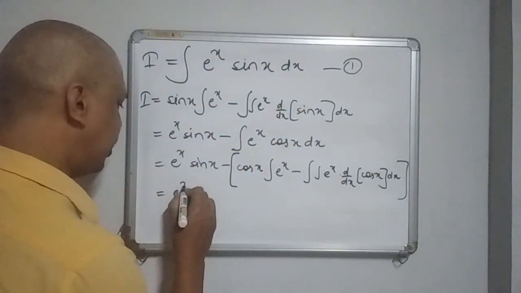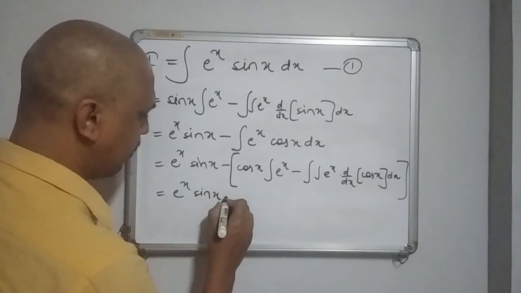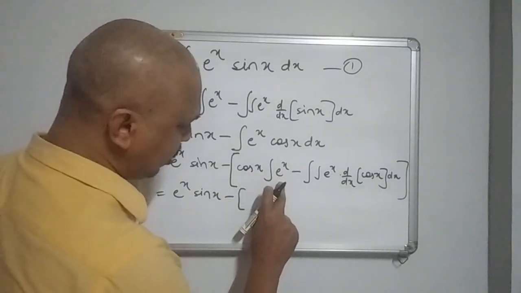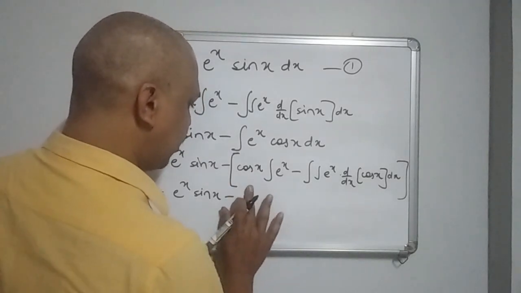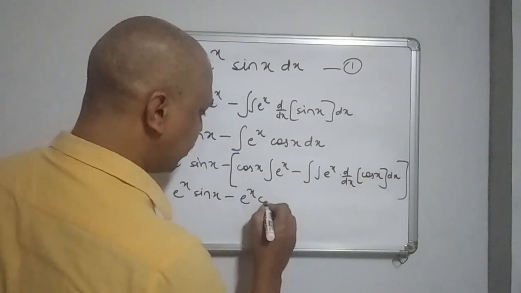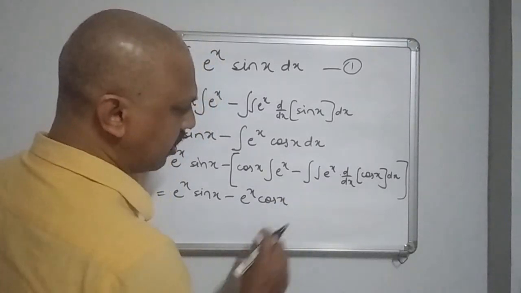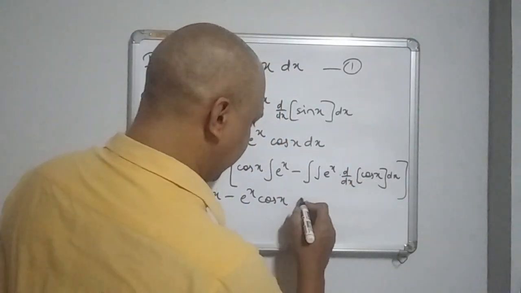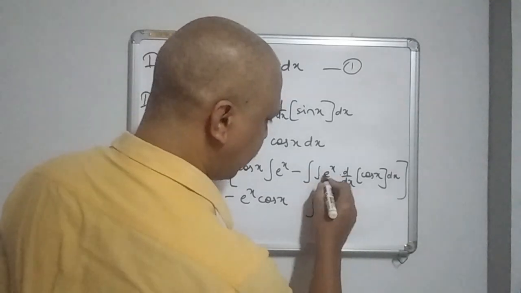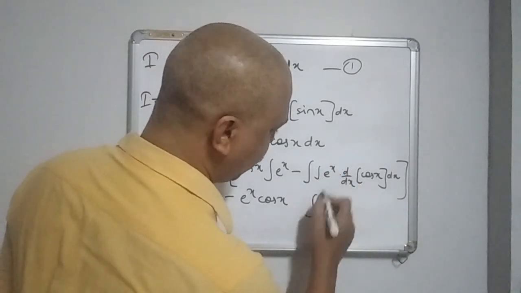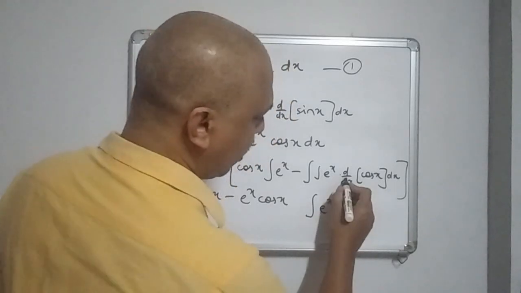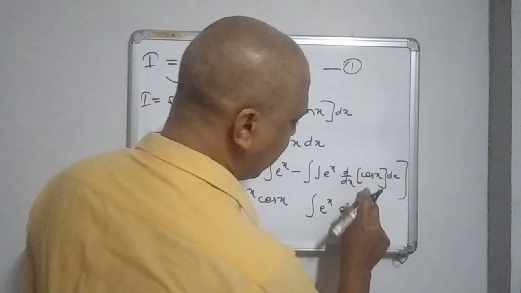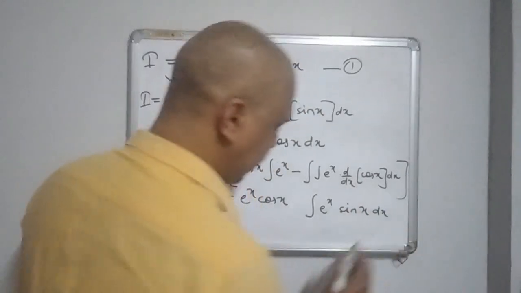So I will now reach e raised to x sin x minus, in bracket, e raised to x integration is e raised to x into cos x. So this comes out to be e raised to x into cos x. Integration of e raised to x will be e raised to x. So this integration of e raised to x will be only e raised to x into derivative of cos x, which is sin x, but it is not sin x, it is minus sin x.